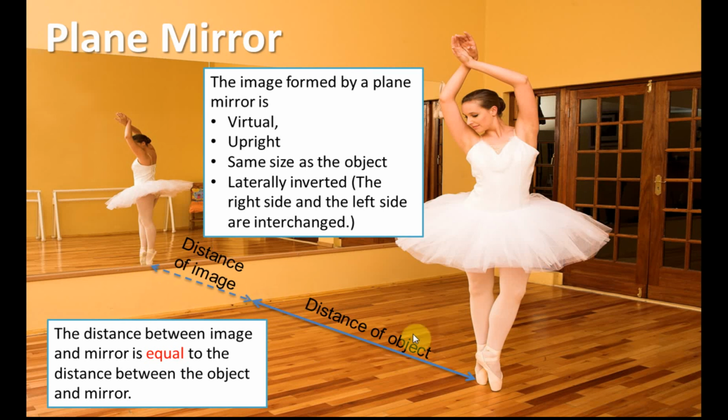This is the distance of object and this is the distance of image, and for a plane mirror, the distance between image and mirror is equal to the distance between the object and mirror. For example, if this lady is 2 meters from the mirror, her image must also be 2 meters from the mirror. So that's what you need to know about the characteristics of the image formed by a plane mirror.